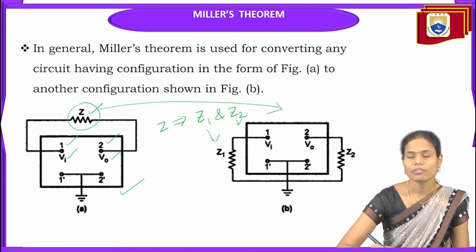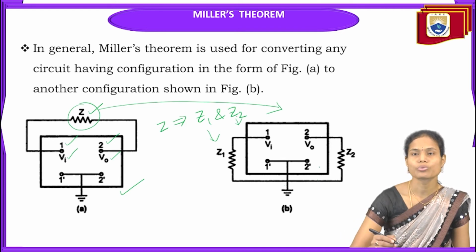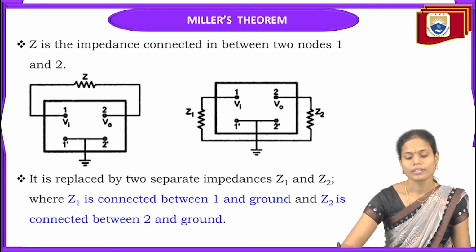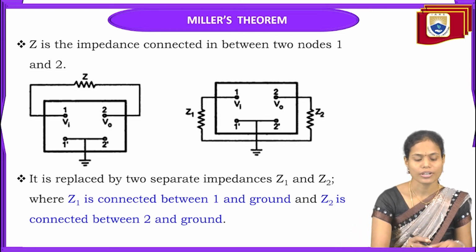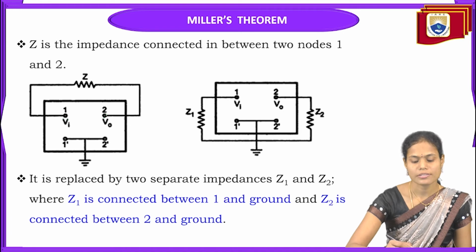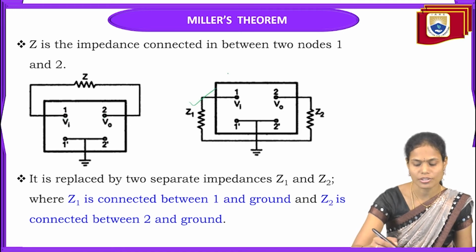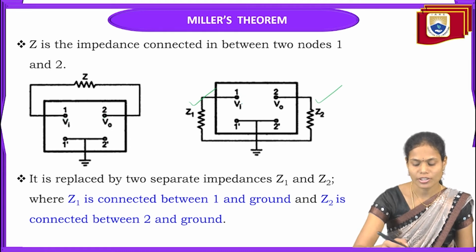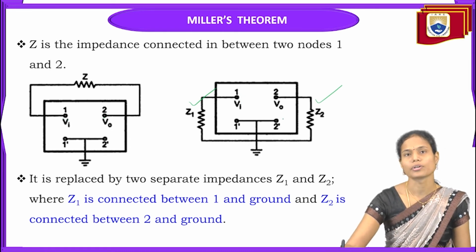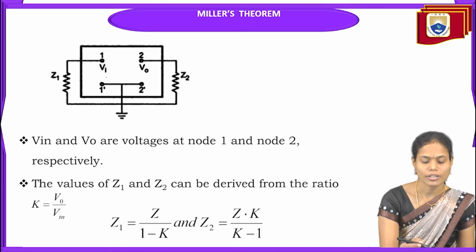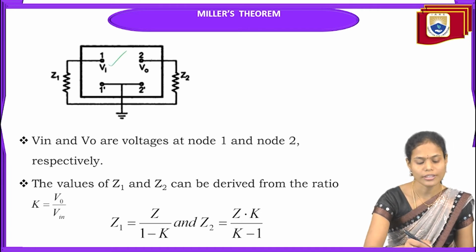In order to divide this total impedance into 2 values, we have some room. So I am taking the impedance connected between nodes 1 and 2, and it is replaced by 2 impedances Z1 and Z2. Z1 is connected between node 1 and ground, Z2 is connected between node 2 and ground. Here Vin and V0 are the voltages at node 1 and node 2.